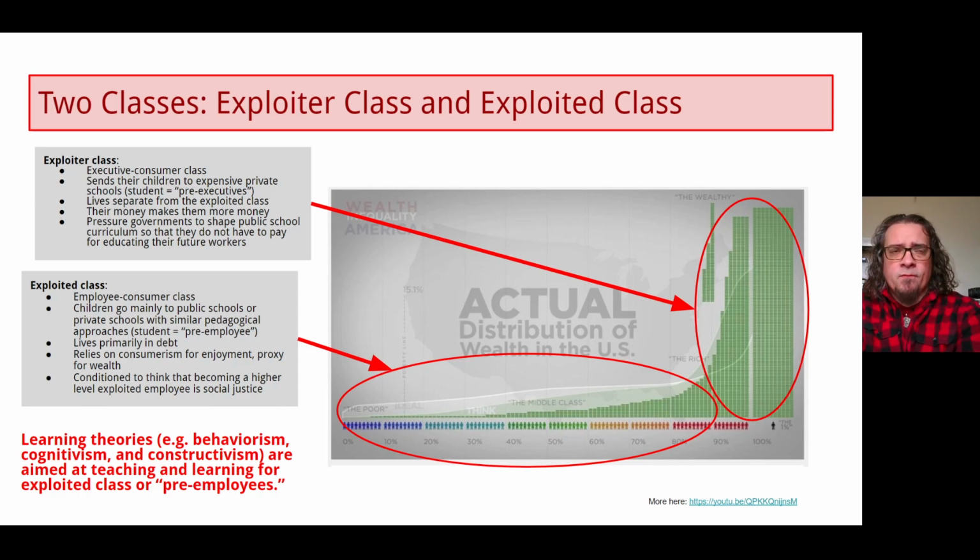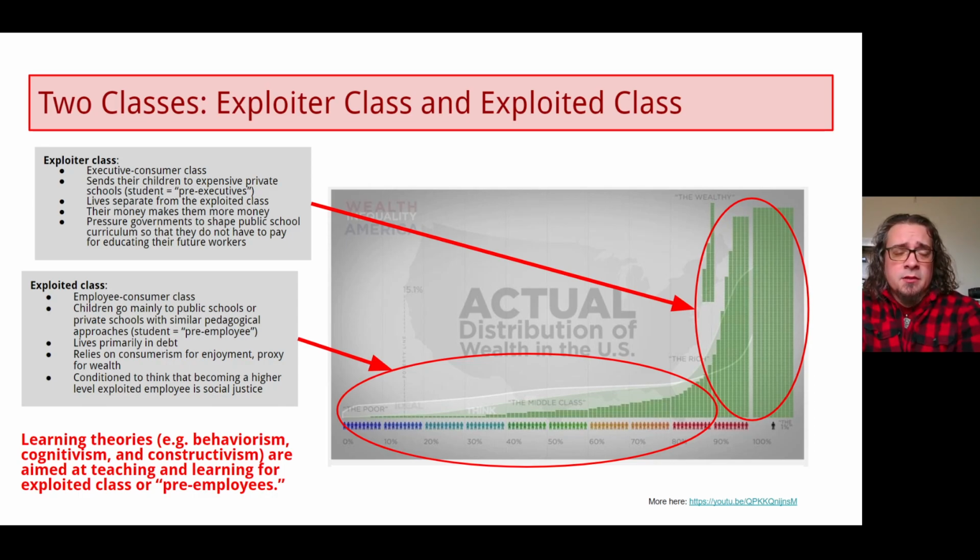Cognitivism tries to separate itself out by looking at things like short-term and long-term memory, which, why would that be connected to this? Well, when it's aimed and interpreted and assessed in the way that we go about doing it right now, it gets, whether it wants to or not, located in the same framing as behaviorism, which is to say, teaching and learning to create these very docile human beings who become employees and make somebody else wealthy.